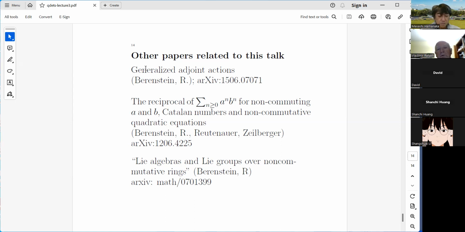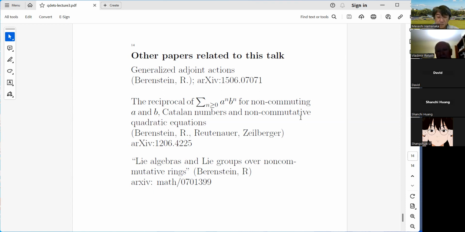But you can do this more generally. So instead of these exponents, you may consider any power series with non-commutative coefficients which starts with 1, because you want them to be invertible, and consider conjugations with this action. So this is just in this paper.